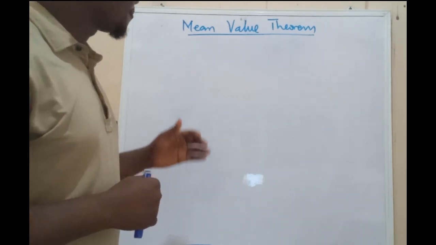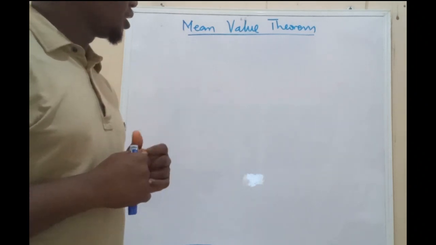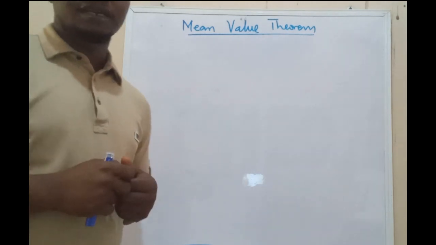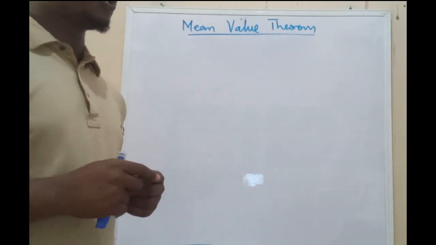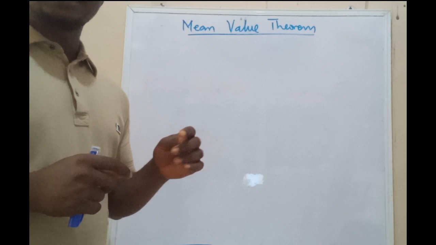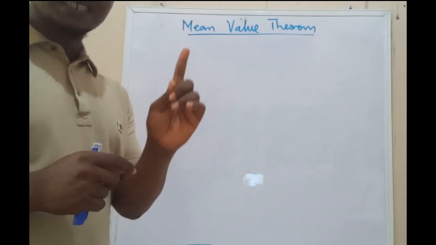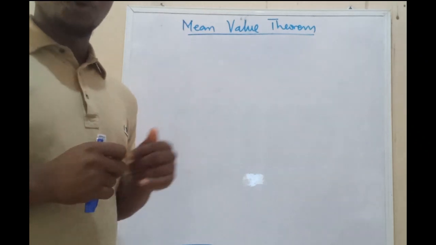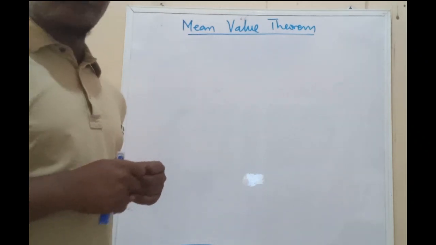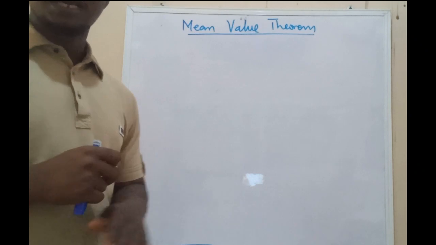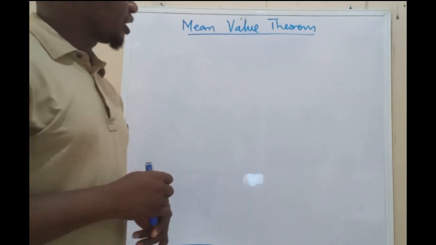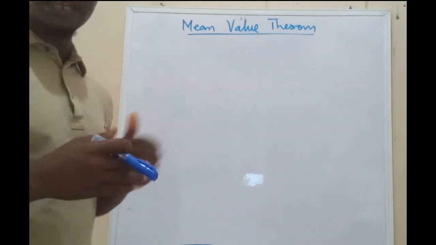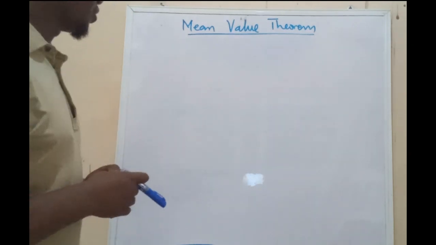He considered a function defined in a given interval and looked at the slope of that function at a specified point. At this point, we get a slope of that function which is parallel to the horizontal axis. So let's quickly look at Rolle's theorem and how it's related to the mean value theorem.